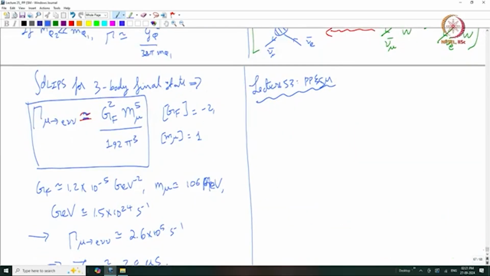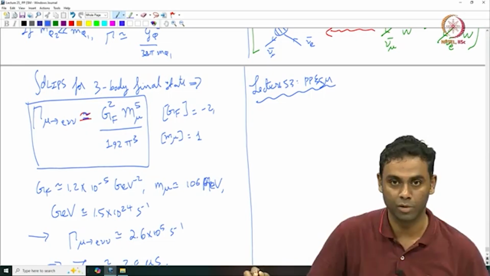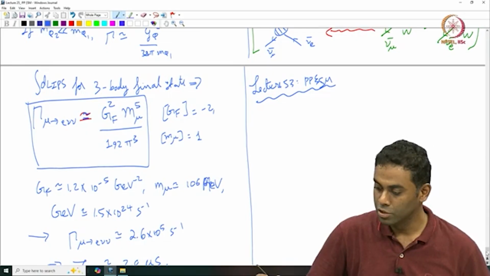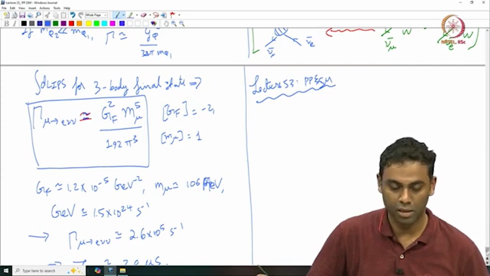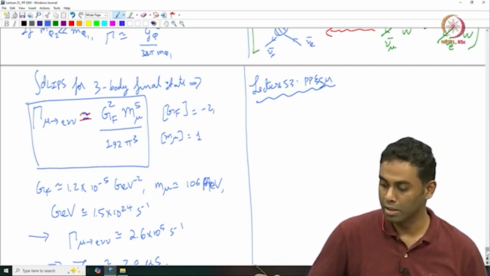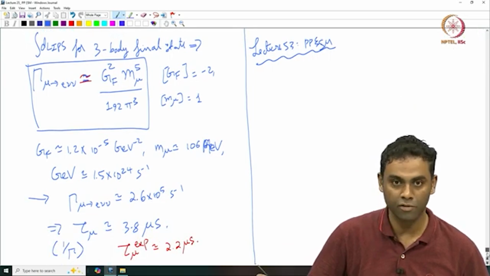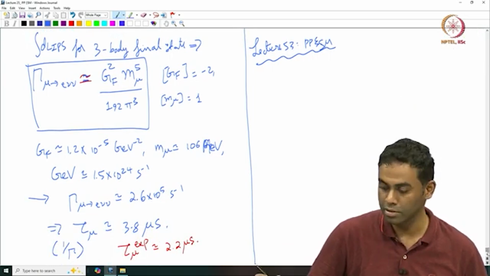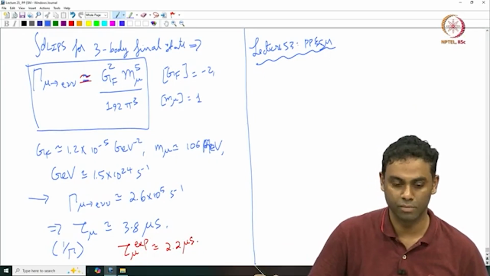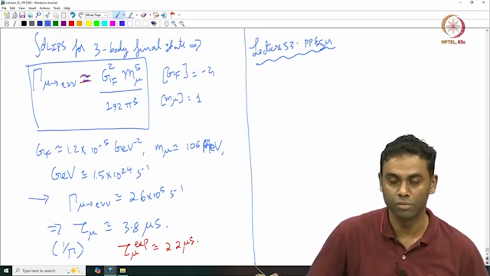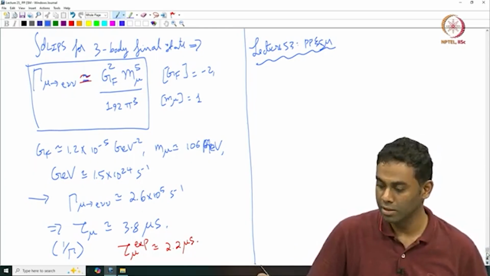Now again in the decay rate, because you are squaring the amplitude, you will get a G_F squared, but now to compensate for the dimensions you will have positive powers of the mother's mass in the numerator as opposed to the denominator, right. So that is what goes into determining the decay rate, and we saw that with just this simple prescription we were able to get a muon lifetime that is very close to what is being measured, even though we did not put in the correct phase space, but that is okay, alright.